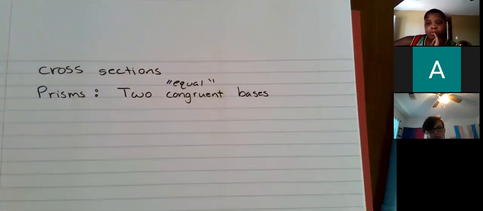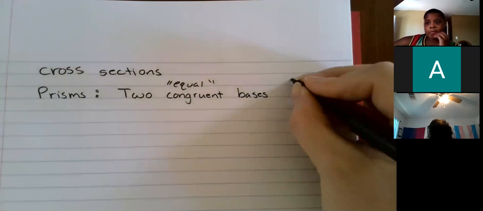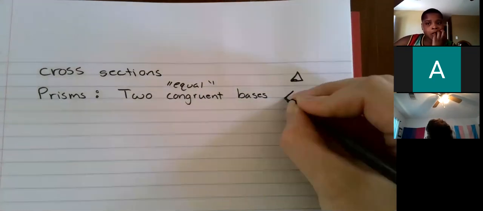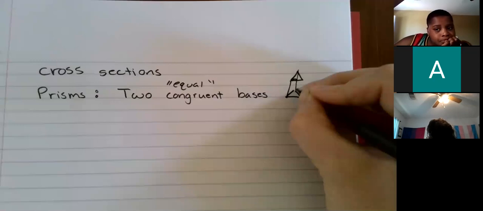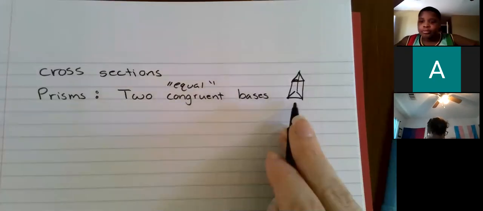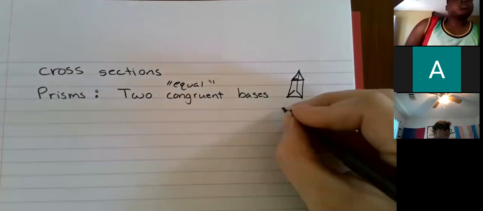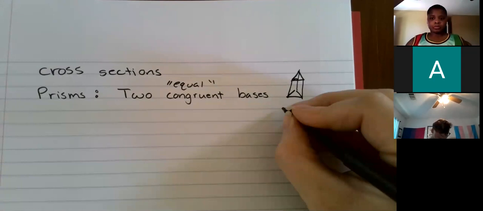So like maybe it's a triangle. That's your base, and then it's connected together. So there's a prism. That's a prism. Two triangles. A cylinder is not technically a prism because it doesn't have edges, but it's kind of similar to the idea.